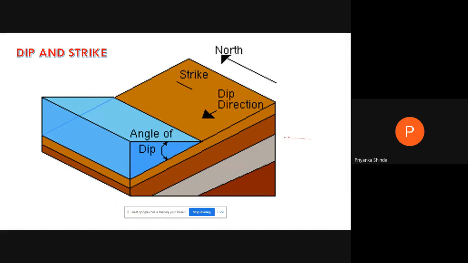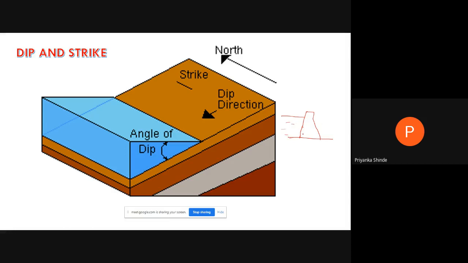Suppose this is the ground surface and this is the dam. This is the upstream side of the dam and this is the downstream side.